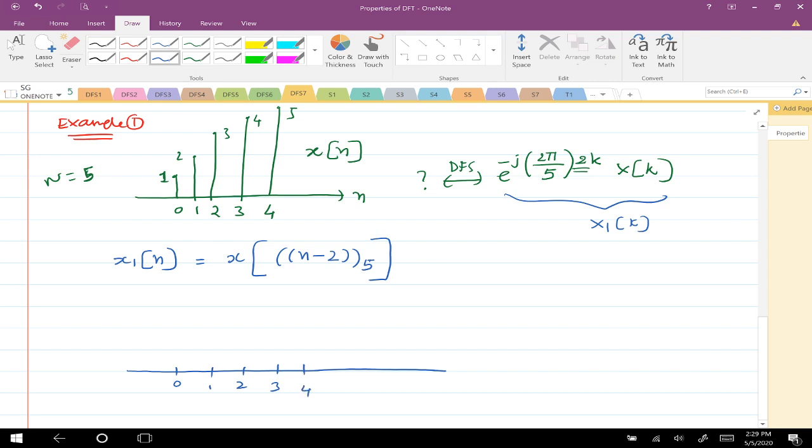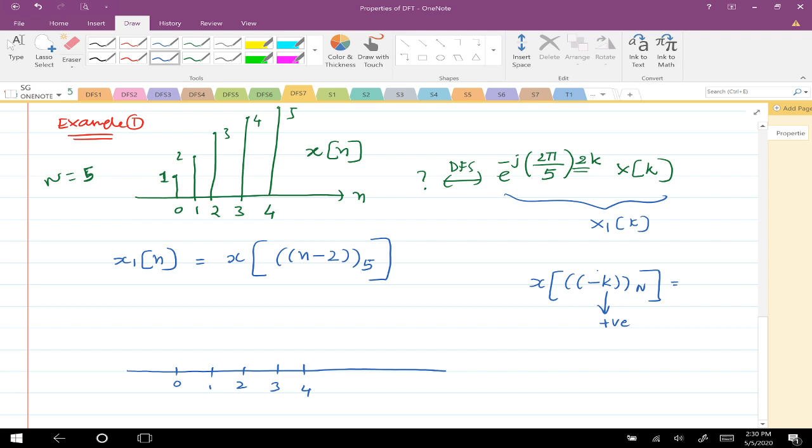Another important thing I want you to pay attention to is, for example, if I have x of minus k modulo n, where k is a positive value, that means for a negative value you are trying to find the modulo operation.